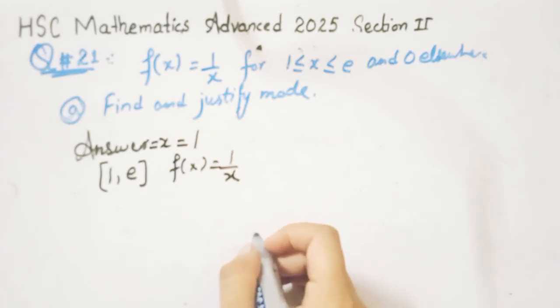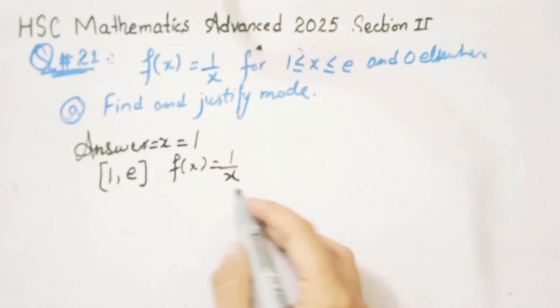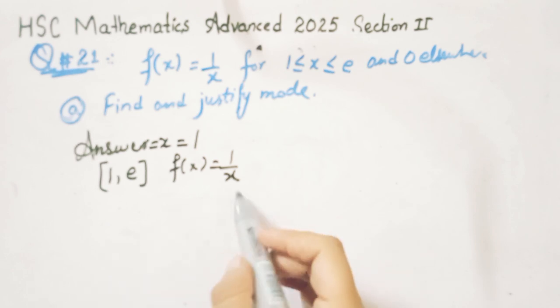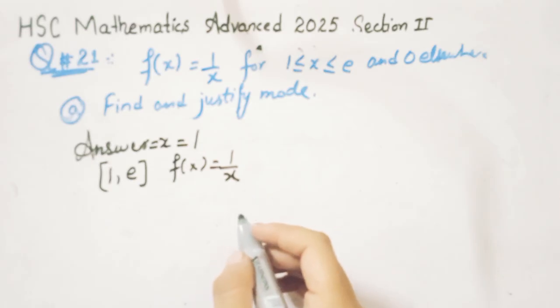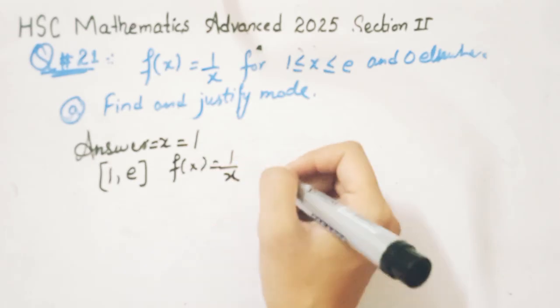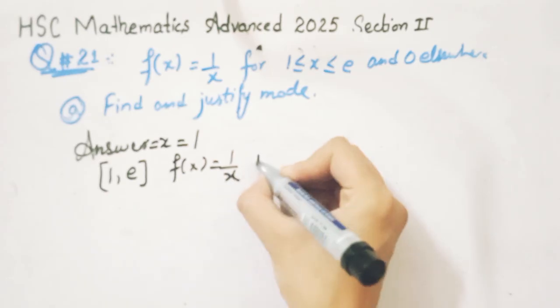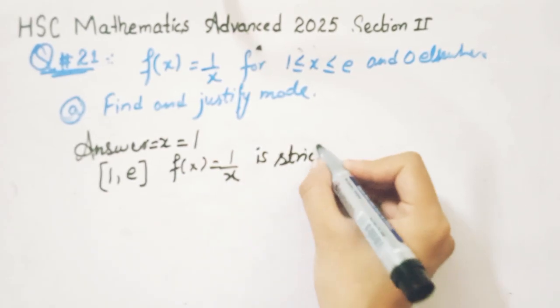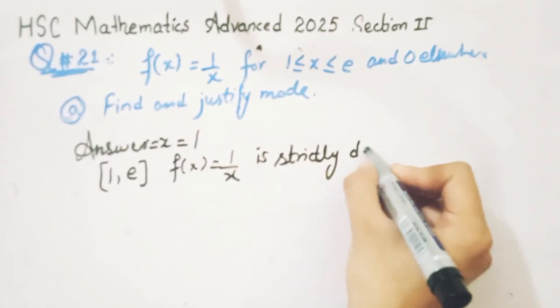Therefore, its maximum value occurs at the lower boundary where x equals 1. So that's why we got the mode at x equals 1. The reason is that it is strictly decreasing.